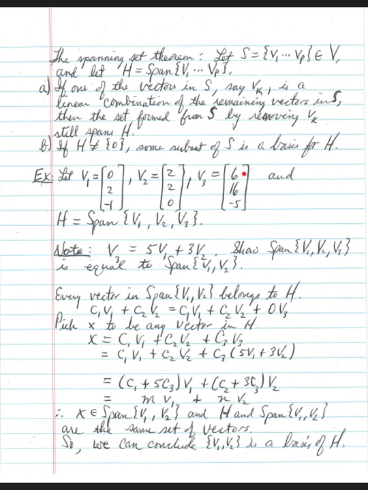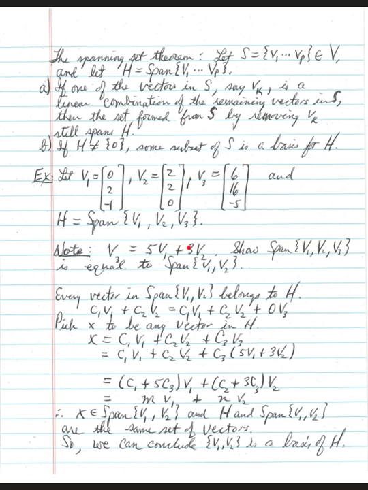Since the third vector is a linear combination of the first two, specifically 5 times V1 plus 3 times V2: 5 times 0 plus 3 times 2 is 6, 5 times 2 plus 3 times 2 is 16, 5 times negative 1 plus 3 times 0. So essentially you can remove V3, and that's in fact what we're going to do.